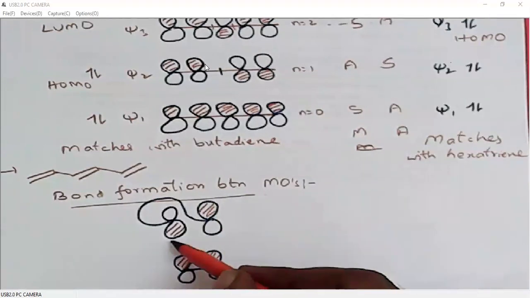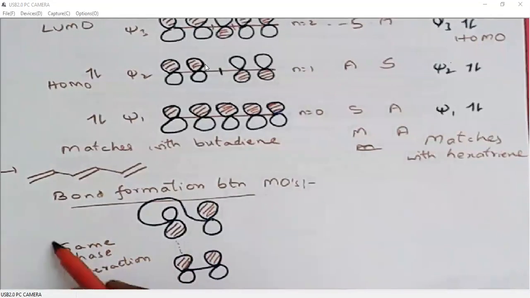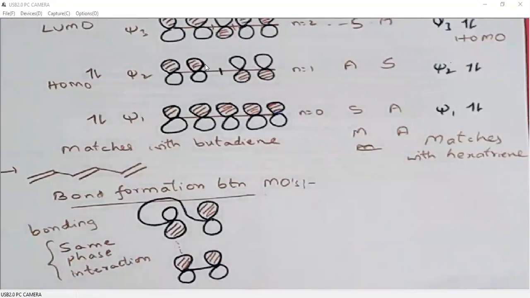Then when these two molecular orbitals approach with the same phase, it is called same phase interaction. Same phase interaction is a bonding interaction. When two orbitals approach with same phases, it is called suprafacial bond formation.